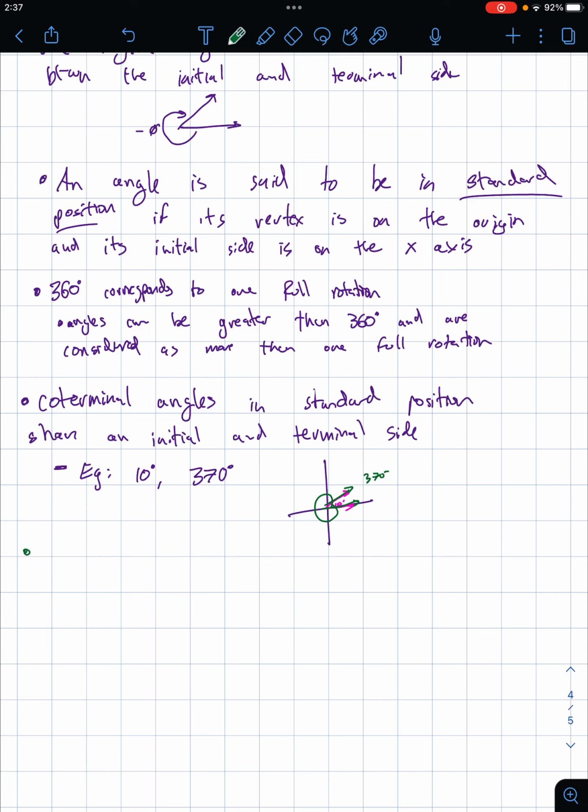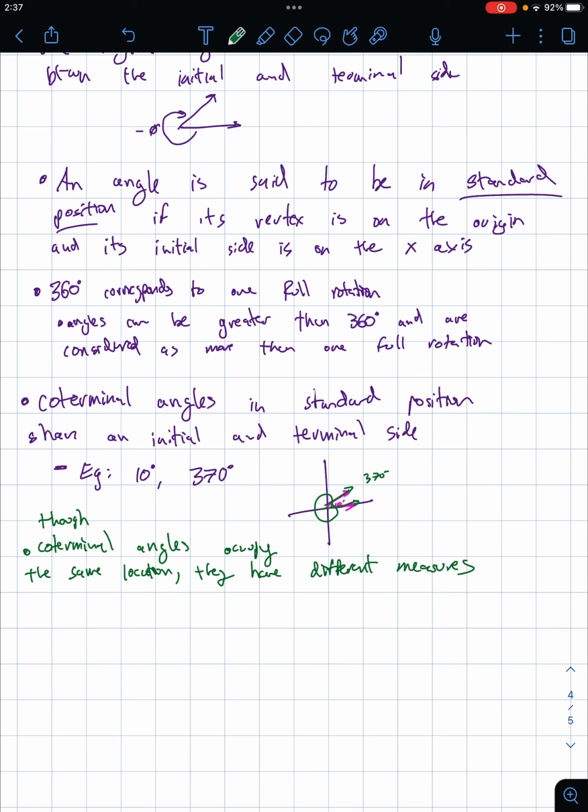And to that idea, though coterminal angles occupy the same location, they have different measures.